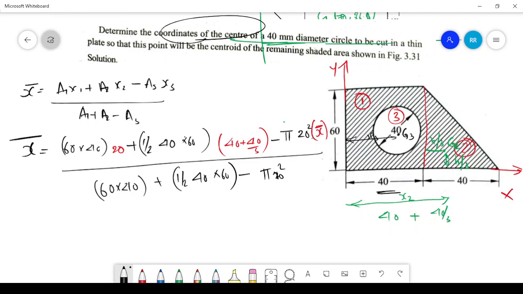So I can just cross multiply all these things towards here. That means 60 into 40 plus half 40 into 60 minus pi 20 square into x bar.